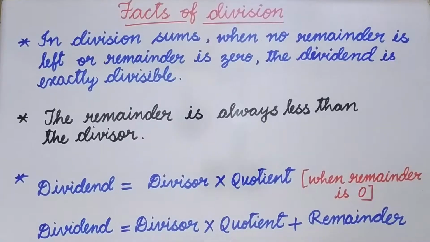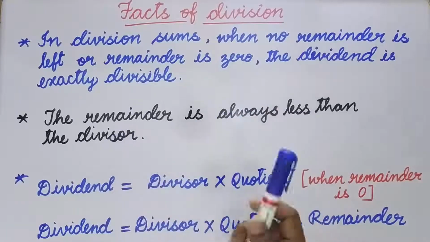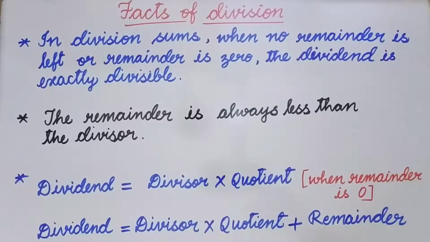And here are two formulae. We have dividend is equal to divisor into quotient when the remainder is 0. If the remainder is non-zero, then we need to apply this: dividend is equal to divisor into quotient plus remainder. These are a few facts of division.